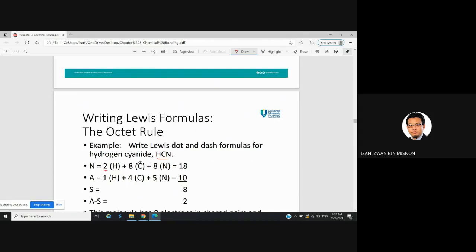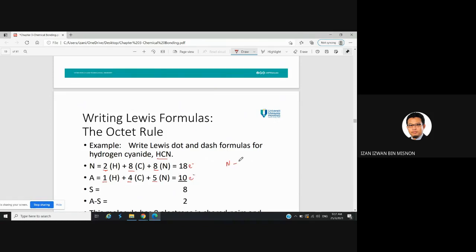Hydrogen only requires 2 electrons. Carbon will require 8 electrons. Nitrogen is 8. Total of that, we have 18 electrons. The available is the electrons possessed on the valence shell. For hydrogen is 1, carbon 4, nitrogen 5. Total of 10 electrons.